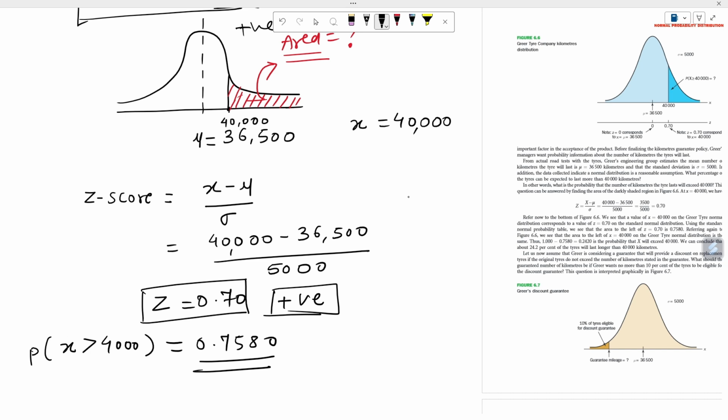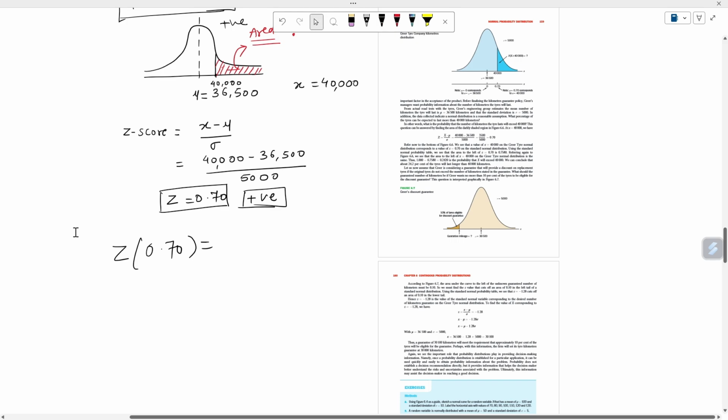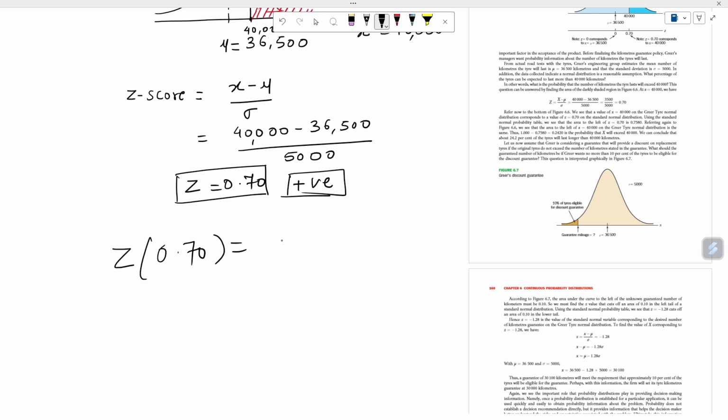I hope you got a clear understanding. So the value for z, which is 0.70, comes around 0.7580, meaning that if we visualize this z-score, 0 and 0.70 lies somewhere here.